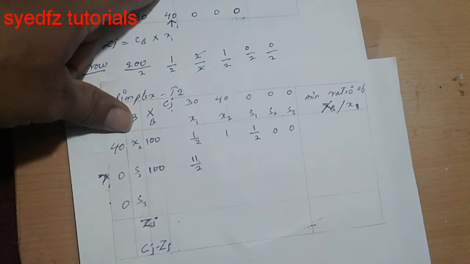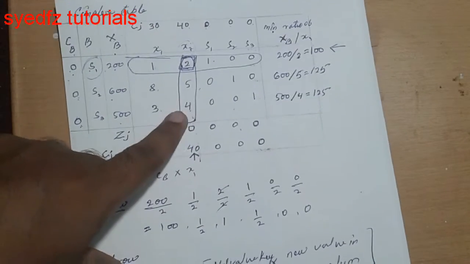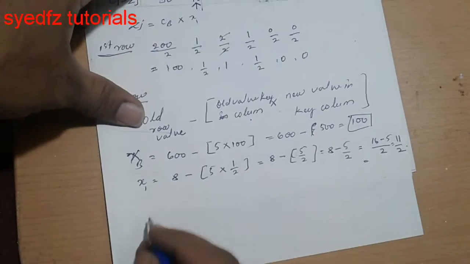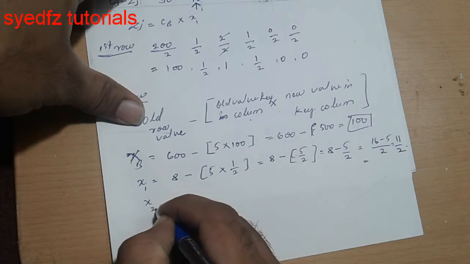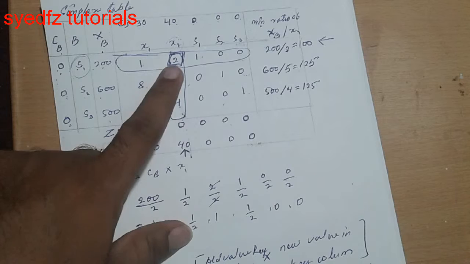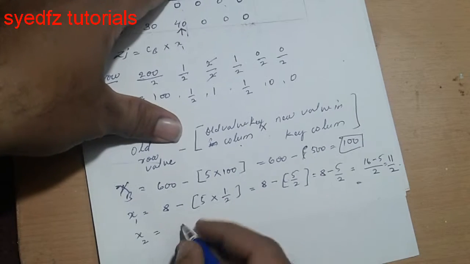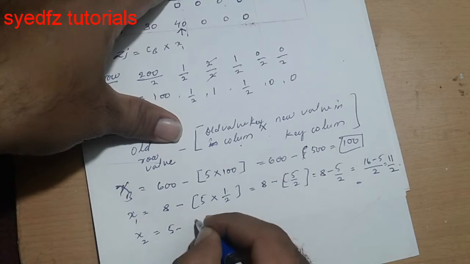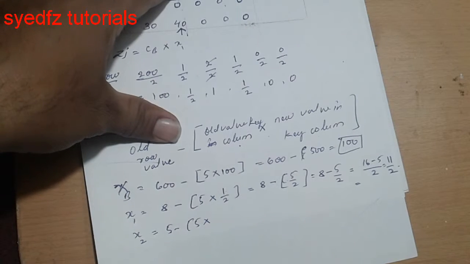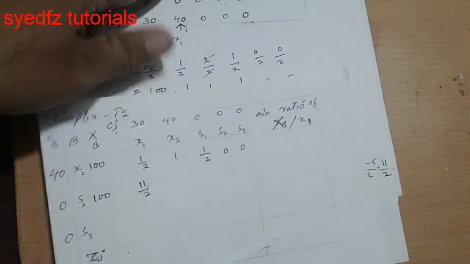Okay. Now for the x2 value, right here. x2, old value is 5 and key column also 5. But what is the new value in x2? We have to check another one.